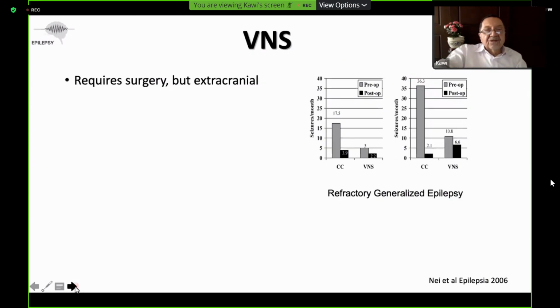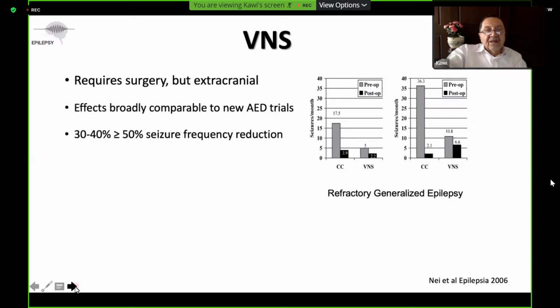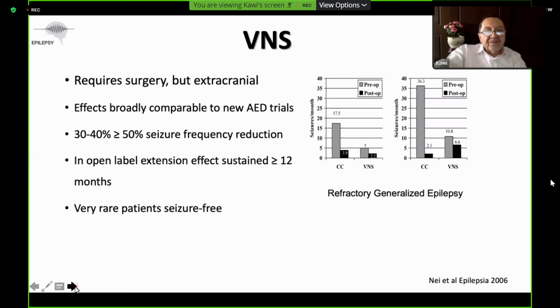Vagus nerve stimulation requires surgery, but the surgery is extracranial. The electrodes are placed around the carotid or around the vagus nerve that runs with the carotid, and effects broadly comparable to other anti-epileptic drug trials.